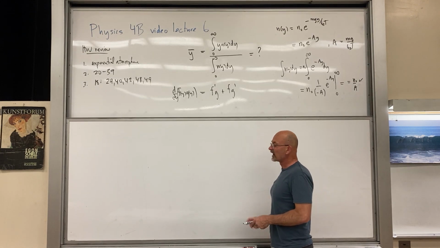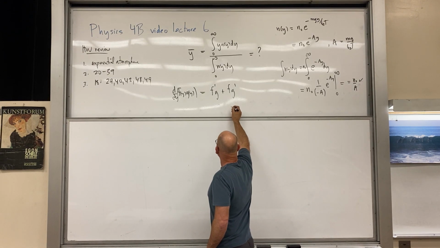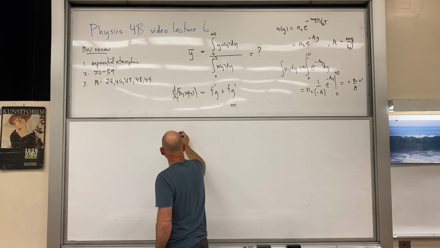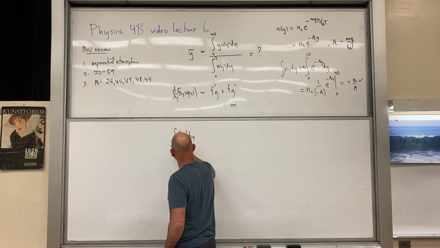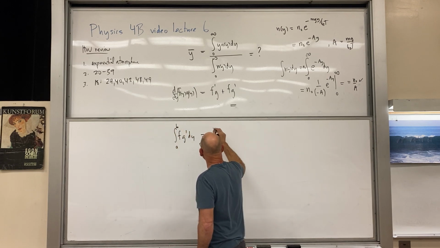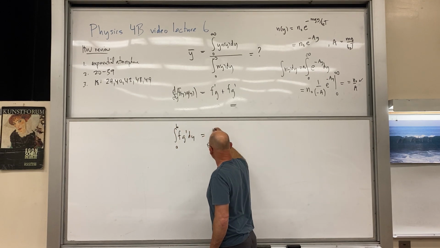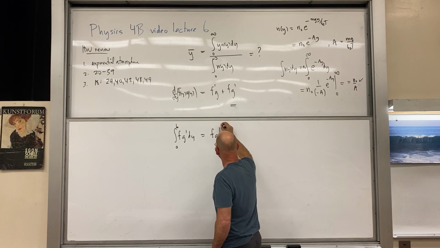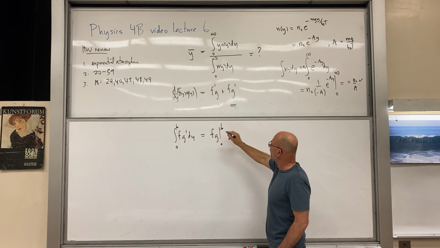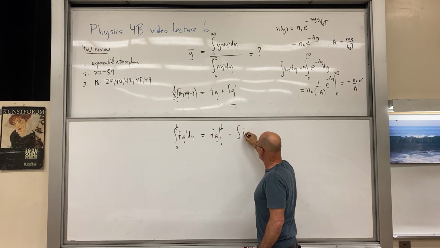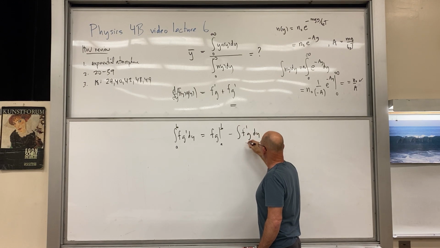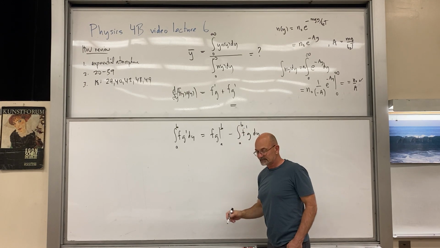You integrate both sides and rearrange the order. So we'll take this one on the left, so you have the integral of f g prime dy, a to b, is equal to, of course, just f g upper bound minus lower bound, minus integral f prime g dy, a to b.